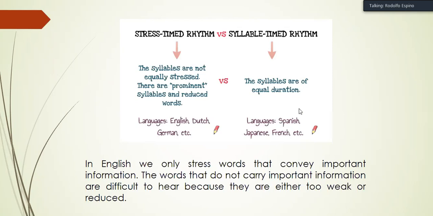So if you really want to sound like a native English speaker, you should take this into account. Don't pronounce every single syllable that you see written. Just try to figure out which words are really important for the listener to know, and those are the ones that you will stress. Spanish, Japanese, and French are examples of syllable-timed rhythm.